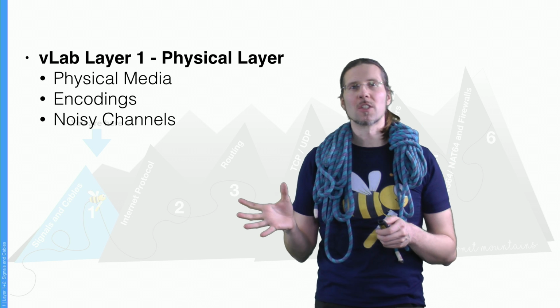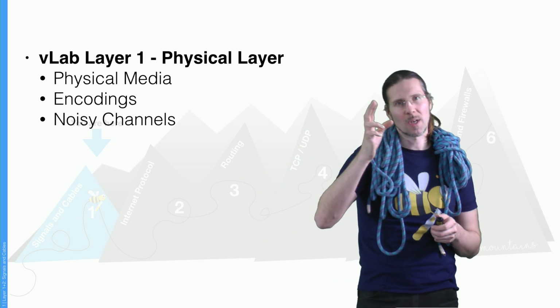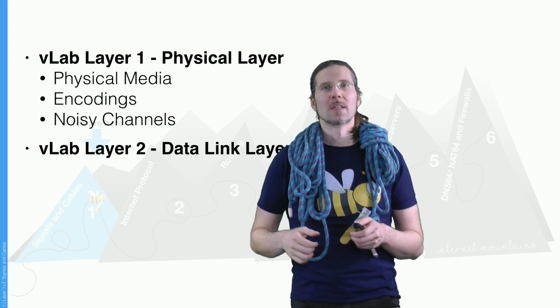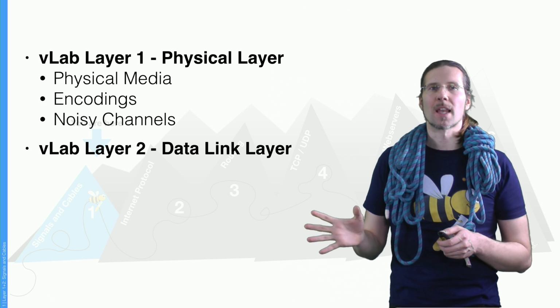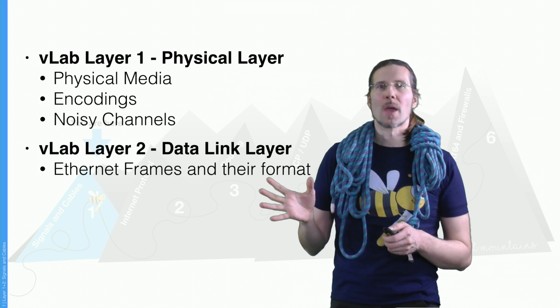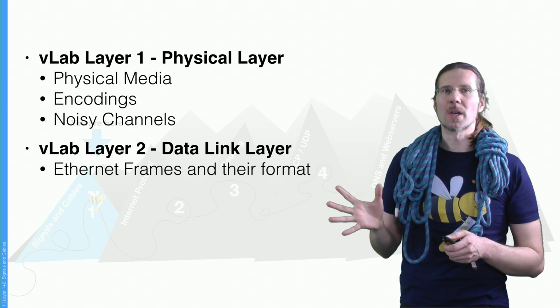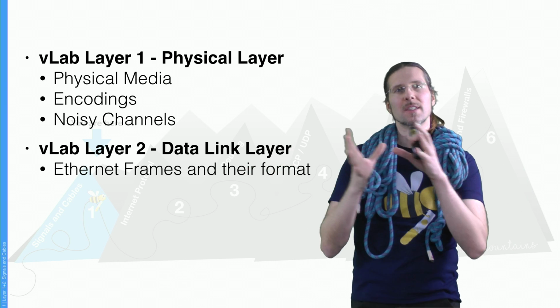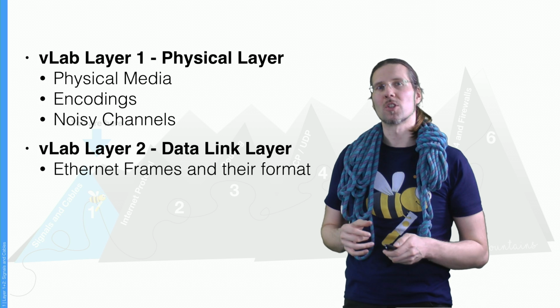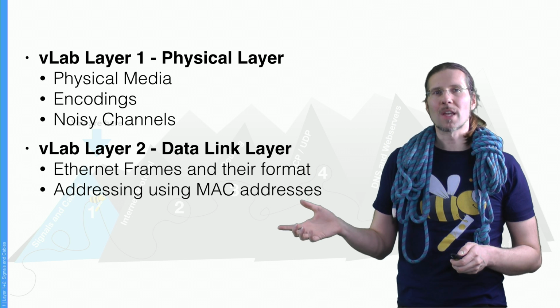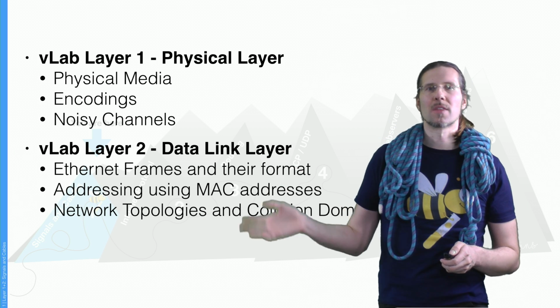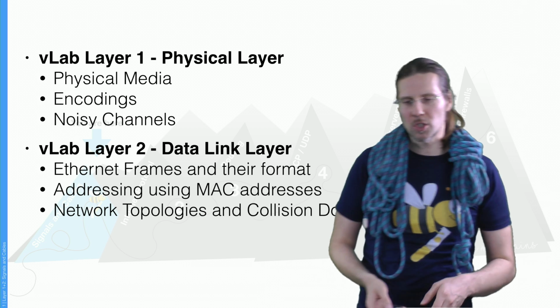We looked at noisy channels, remember the vacuum cleaning thing, and then we went over to the data link layer, VLAB layer 2. There we looked at Ethernet frames and their format, so how the protocol instances on the different hosts communicate with each other. Then we looked at addressing using MAC addresses, network topologies and collision domains.